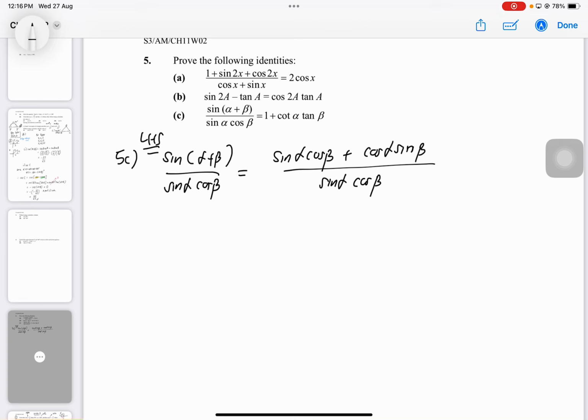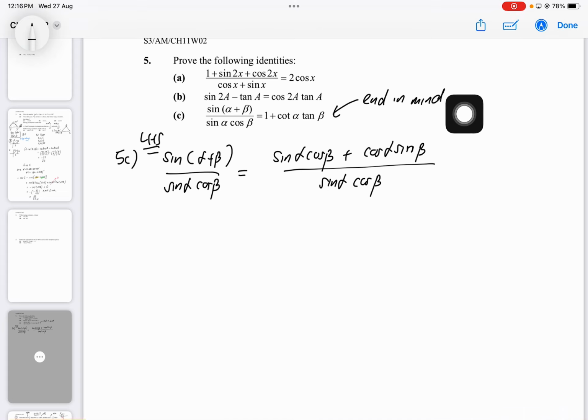Okay? Now, let's look at part C. How should I continue here? How you continue is you need to look at what is the end in mind. If you look at the end in mind on the right hand side, what consists of the end? I got 1 plus cotangent alpha, tangent beta.